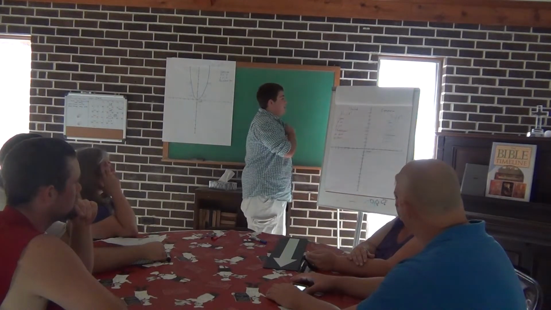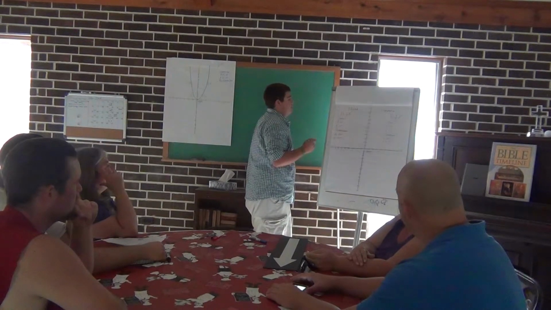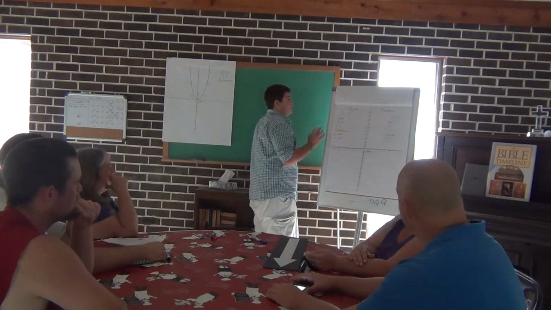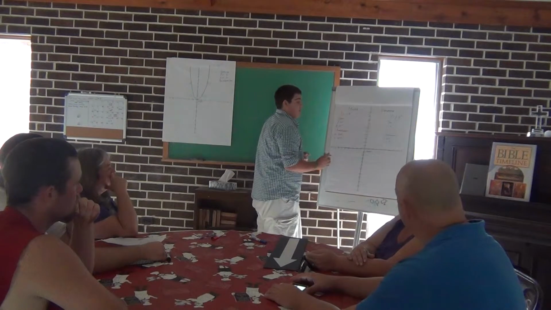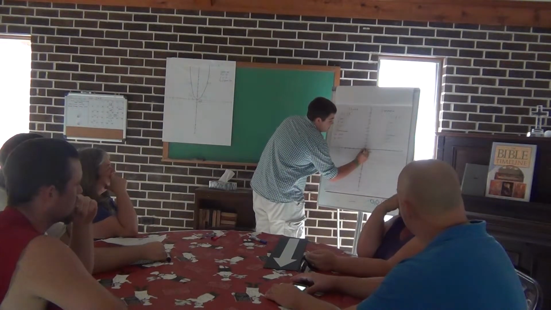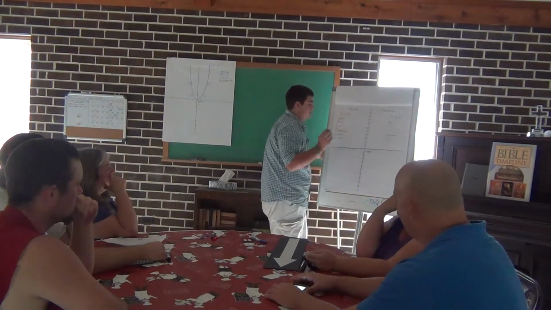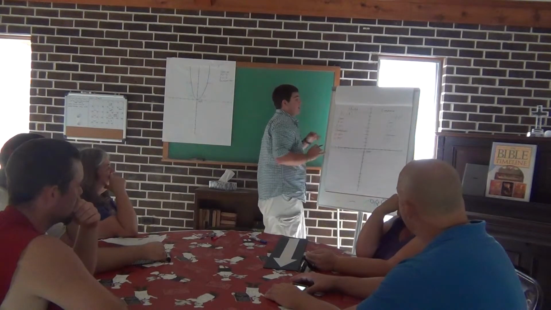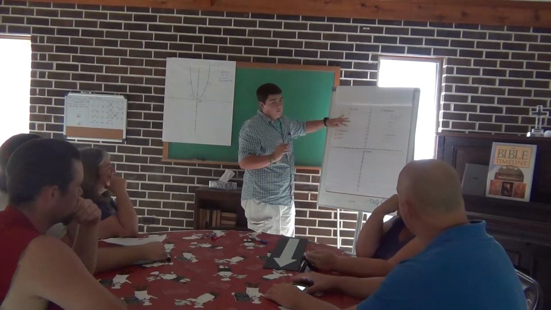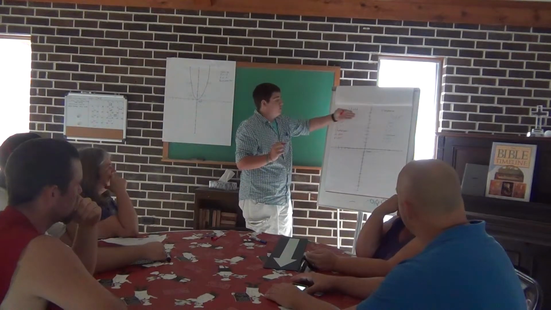The first plot is y equals 2x squared. It'll still open up, and because it does not have a vertical or horizontal shift, its vertex will be at 0, 0, and since it has a 2 in front of it, its y value will be twice as usual.